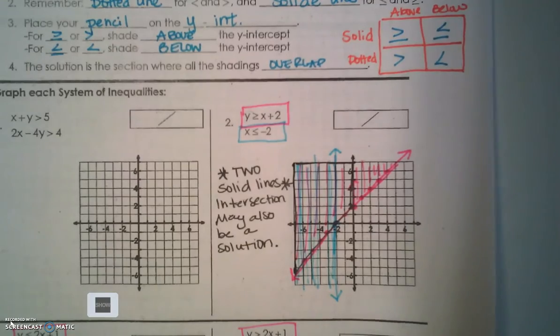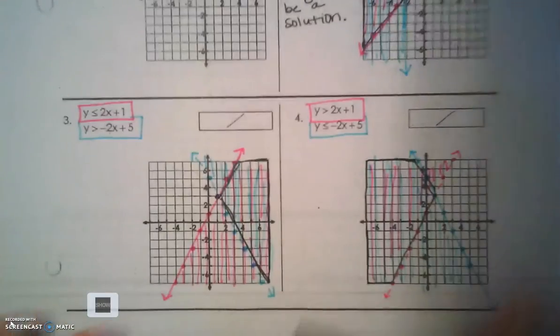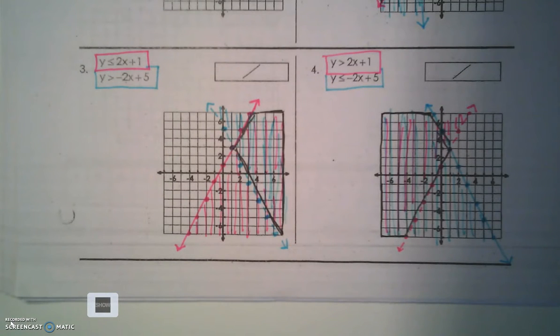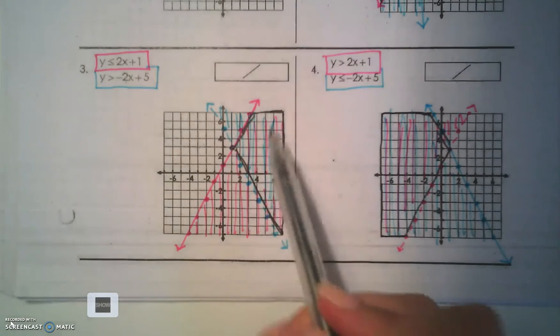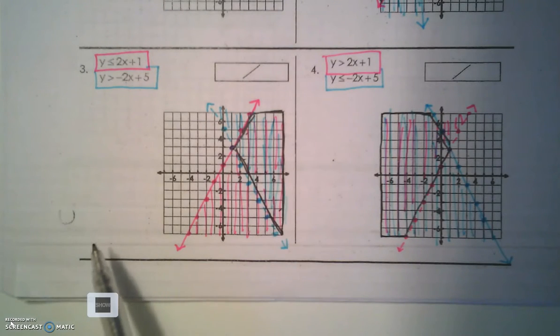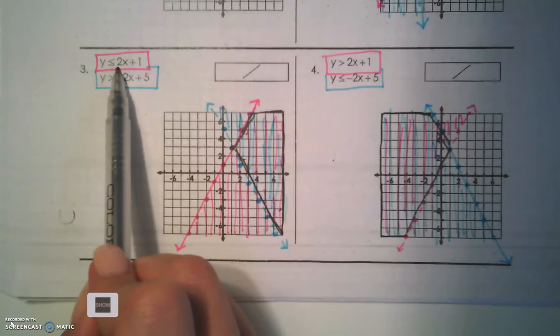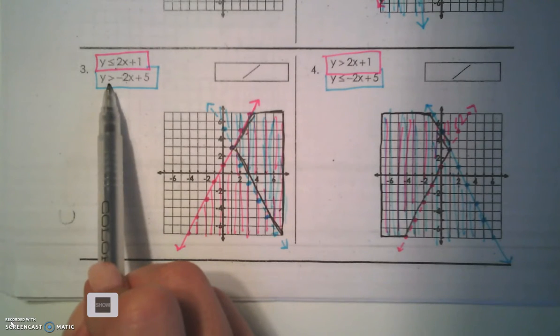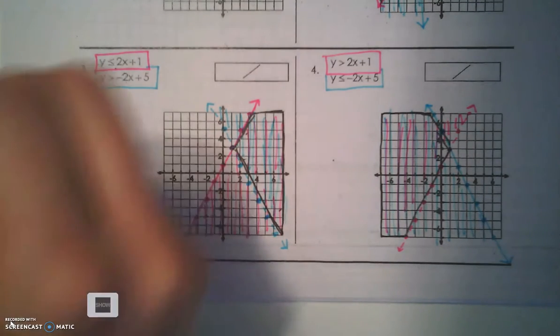Okay, so let's see how well our answers are. I finished both, so I encouraged you to pause the video and try them. My overlapped region is in here. Now notice we have a solid and a dotted line. So the intersection is not a solution.